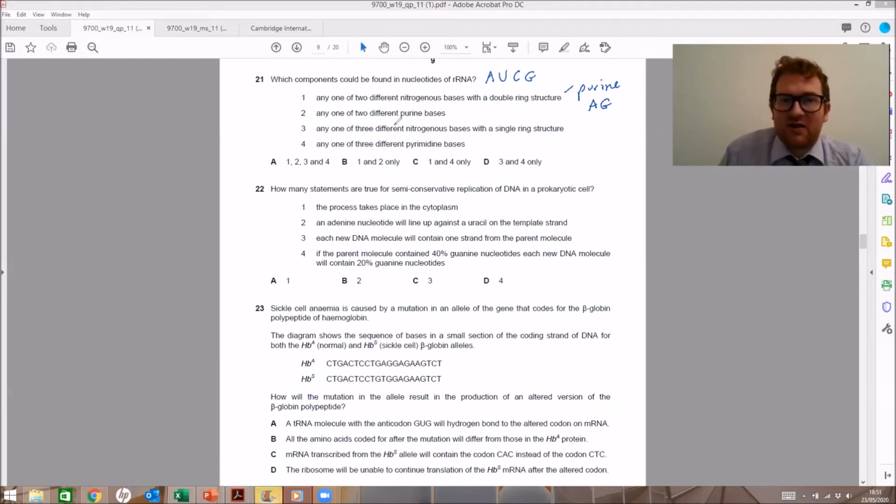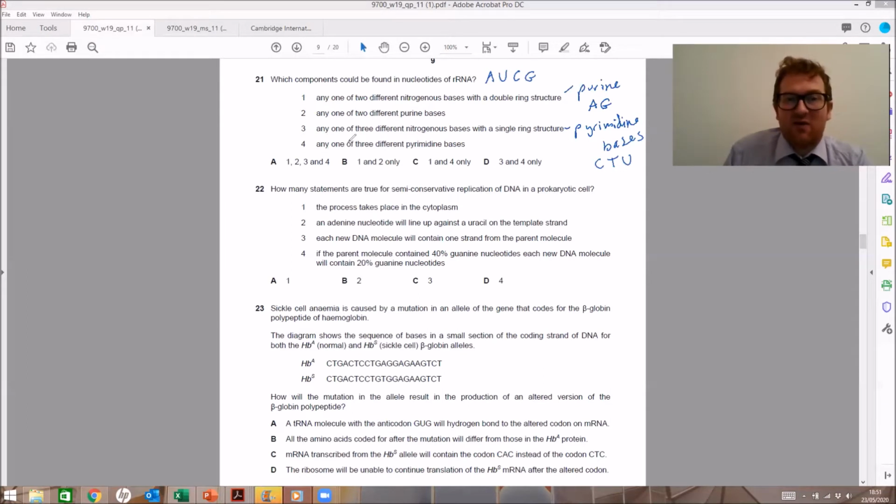Any of the three different nitrogen bases with a single ring structure, well, this is referring to the pyrimidine bases, and they are C, T, and U. Now this statement is obviously not true because of three bases, T is not present in RNA, it's only present in DNA, so there would only be two pyrimidine bases there.